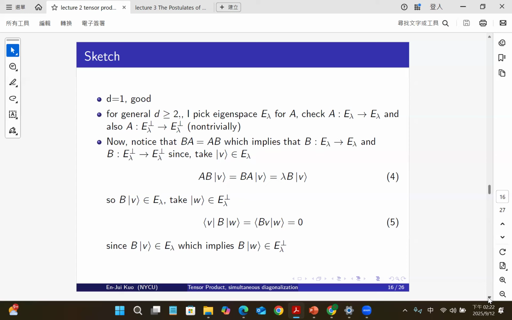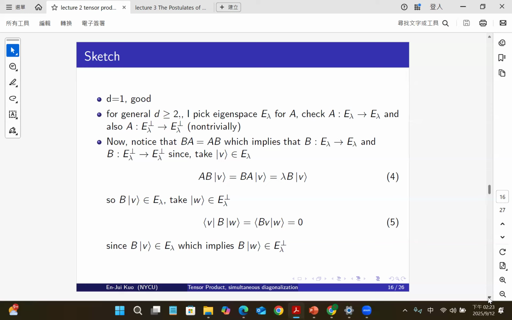But v is in E lambda, right? But w is in the orthogonal space of E lambda. So this is 0, v with w. So that means that this vector, A applied on w, is orthogonal to all the vectors in E lambda.